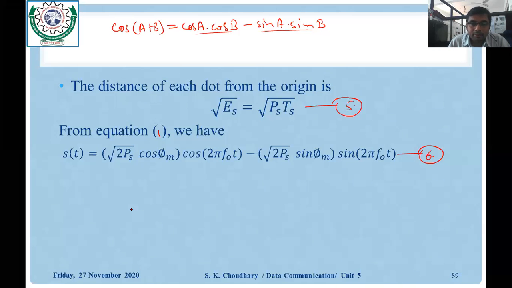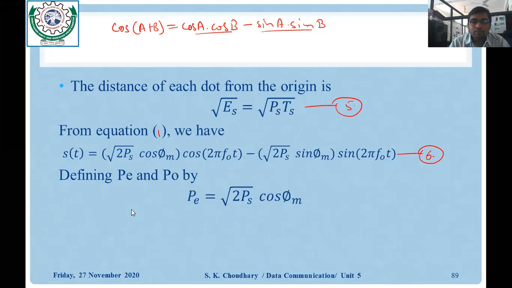Now we define the even and odd bits, p and p naught. So p is square root of 2 Ps cos phi m, and p naught, the odd function, is square root of 2 Ps sin phi m.